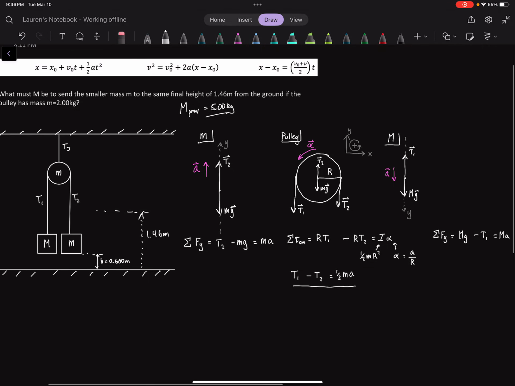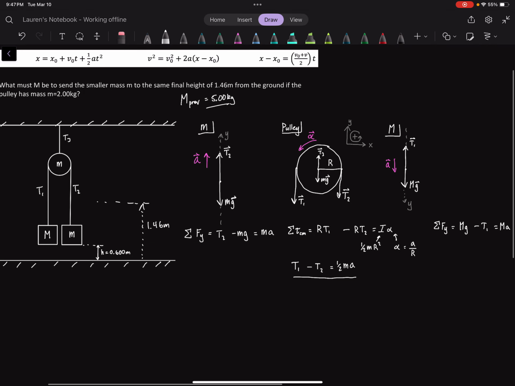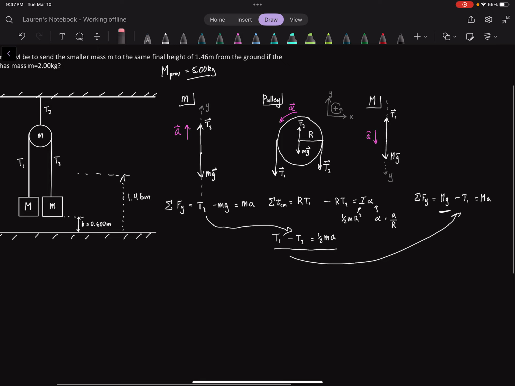Ultimately, we have a constant acceleration problem to solve, but I think ultimately we will want something. Oh, we won't be solving for a. In fact, we want to know what the big M is. So we want big M, which exists over here. But T1 needs to be plugged into there, and it contains a T2, so we're going to be doing that type of a thing. All right.